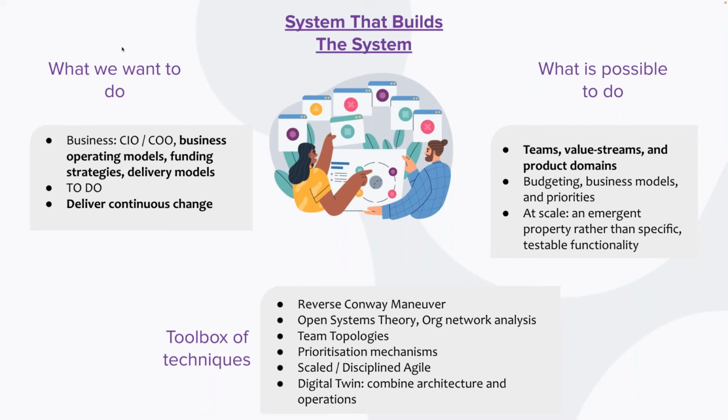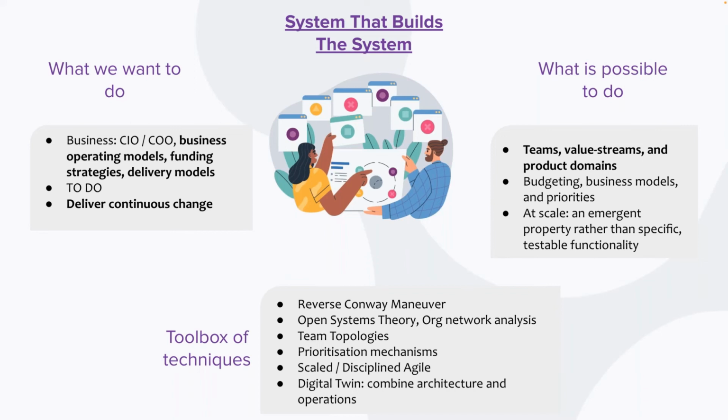I know it's not good to separate like that, but there are differences. More architects get involved in how we become an agile organization and how we scale the work. And the business that you work with are the people responsible for producing and delivering the change: the COO, the CIO especially, or if you don't have a COO, the VPs that have a similar responsibility.